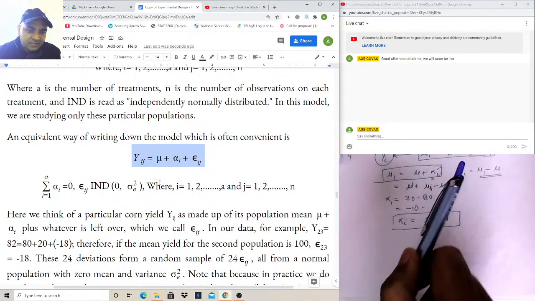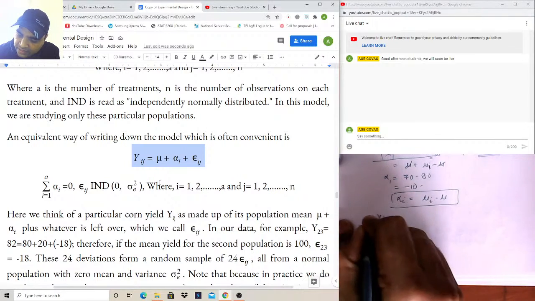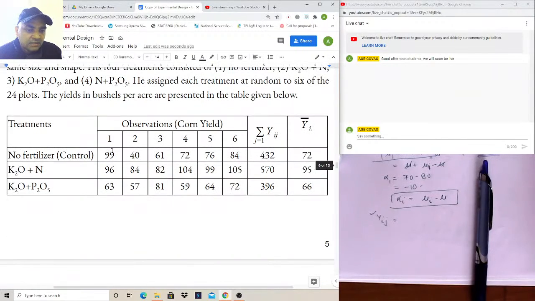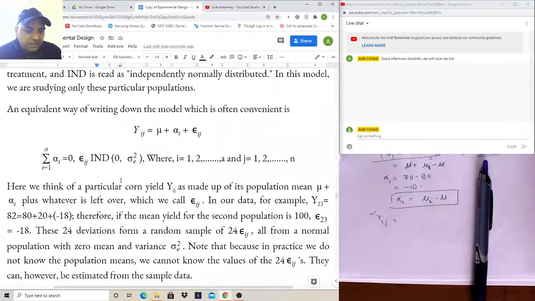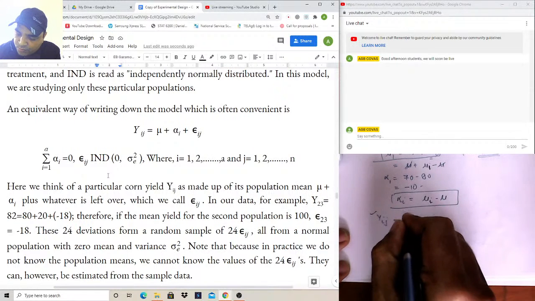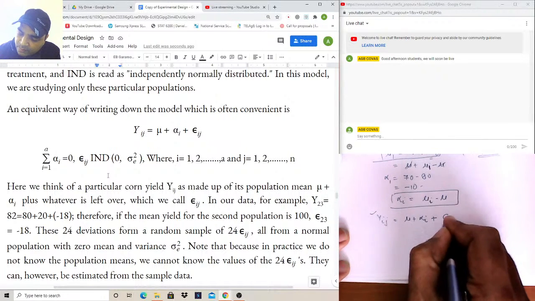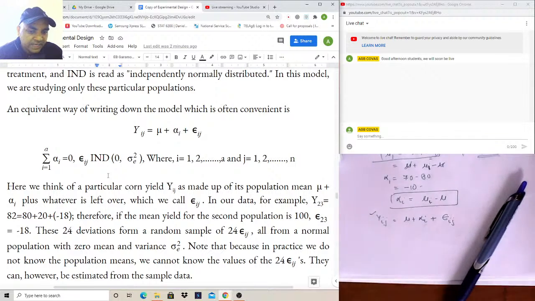Okay, so this Yij will be more understood here. This Yij is any unit in the above experiment. This Yij can be any of these, this 99 or this 82 or this 72 or this 57. We can calculate these values using this formula, where this Yij will be equal to mu plus alpha I plus there will be some error in the estimation, which is known as epsilon Ij.